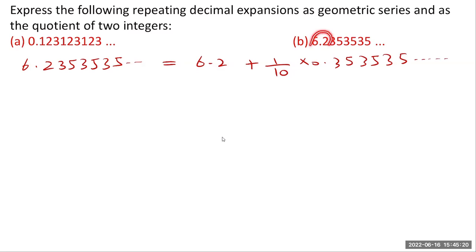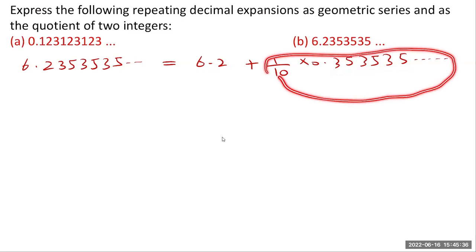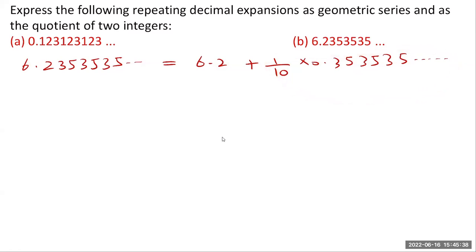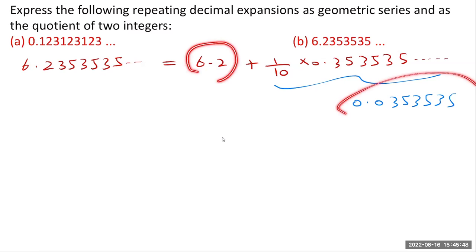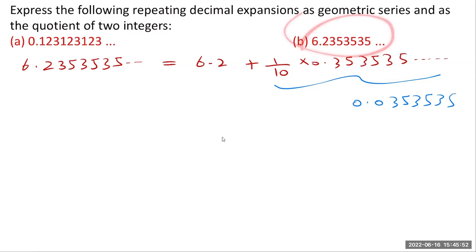I just separated out this piece 6.2 and then I'm going to add to that this piece 0.0353535. 0.03535 means 1 over 10 times 0.353535. If you add this quantity to this one, you exactly get this one. I'm just rewriting this number in a different way.